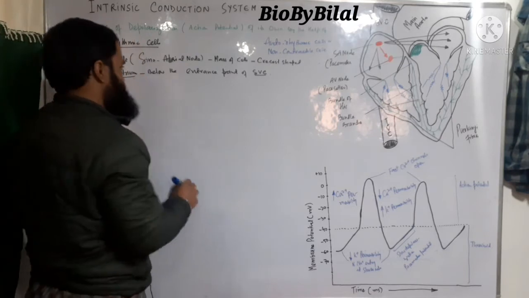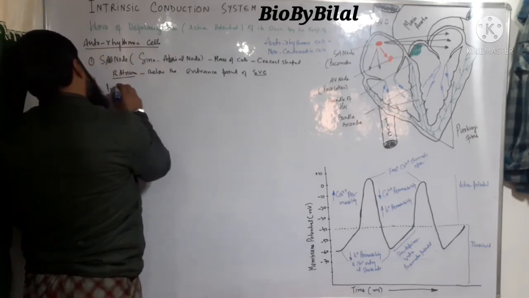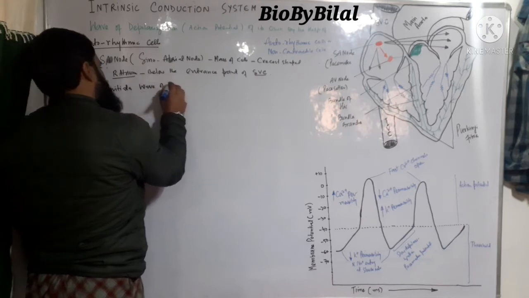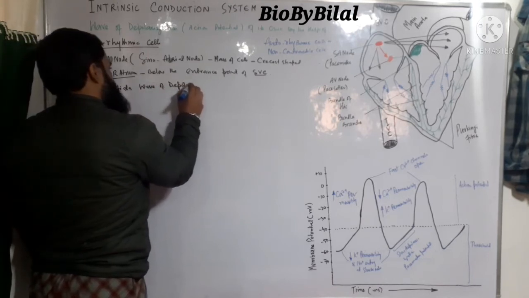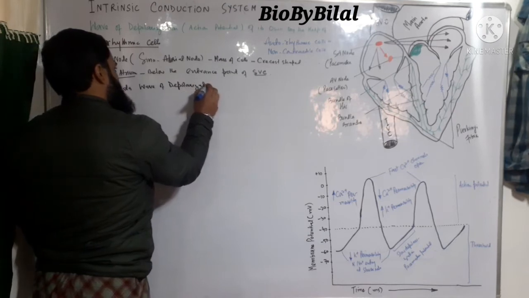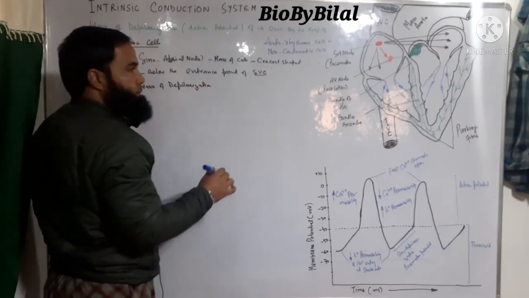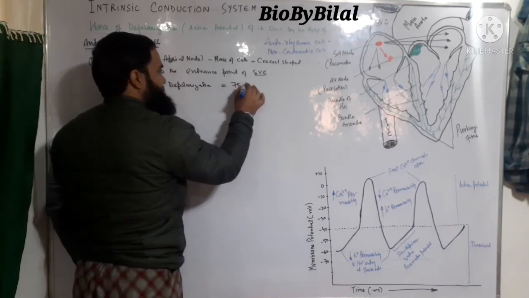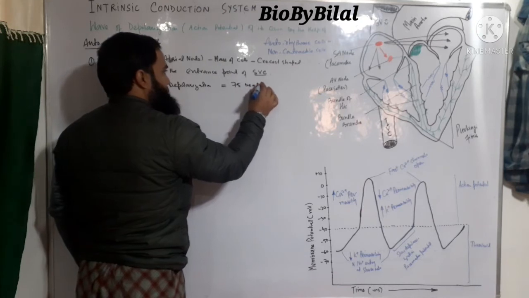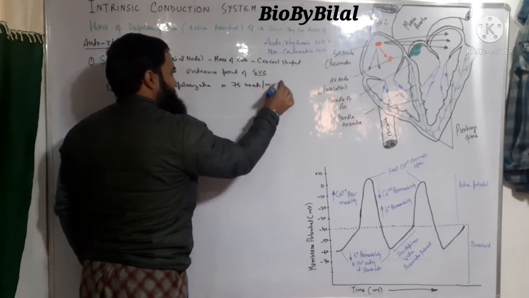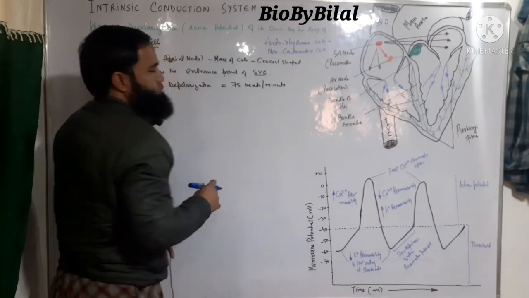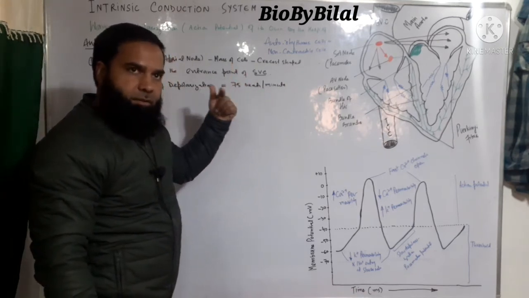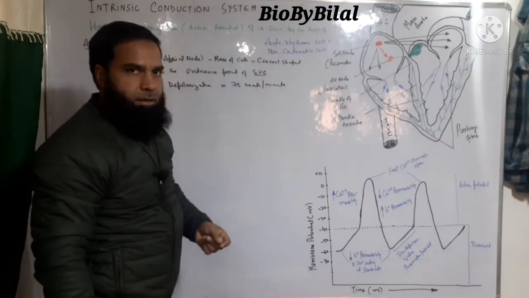initiates the wave of depolarization, and helps the heart to beat at the rate of 75 beats per minute. 75 beats per minute when there is the presence of intrinsic factor in the form of autorhythmic cell.